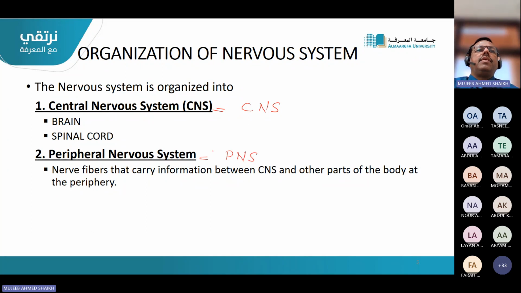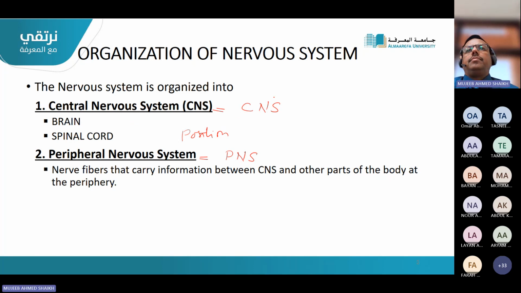Why? Because of the position where it is placed. It is placed in the center, that's why it is called central, and something which is away from the center, we call peripheral.